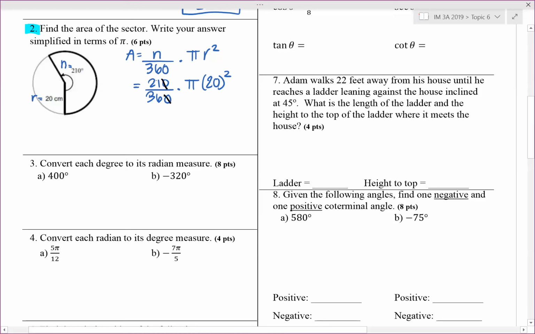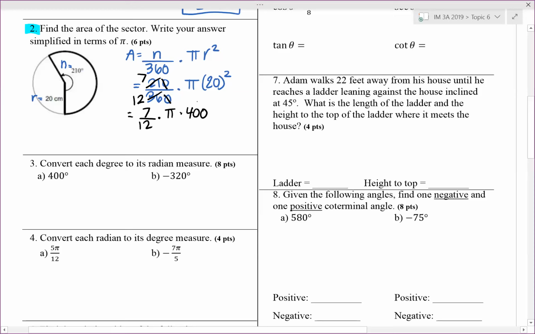So if I divide 21 by 3, I get 7. If I divide 36 by 3, I get 12. And so right now we have 7 over 12 times pi times 20 squared. So let's evaluate that 20 squared. So right now, technically we have 7/12 times pi times 400.